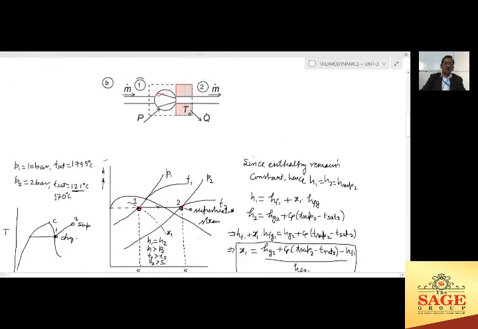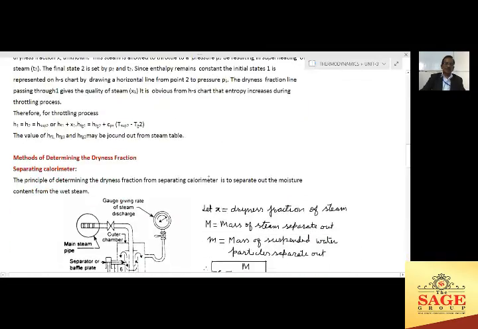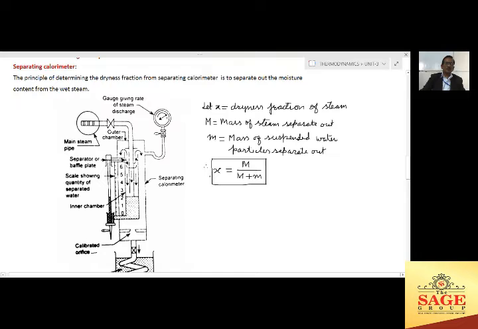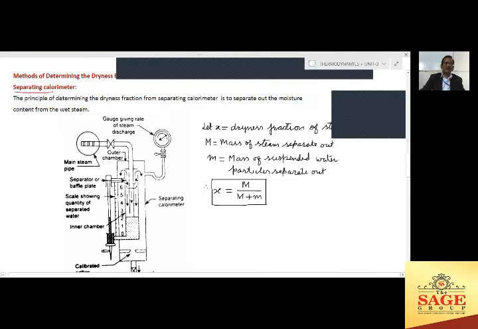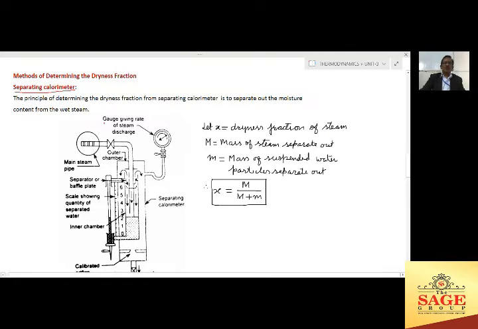So here we are taking the calorimeter. There are two types of calorimeter used for determining the dryness fraction. The first one we are going to take here is the separating calorimeter. The principle of operation of this calorimeter is very simple.